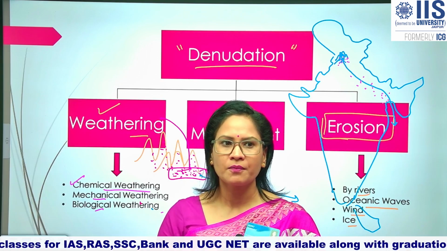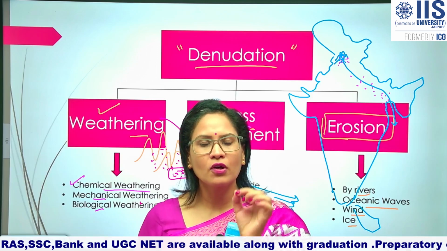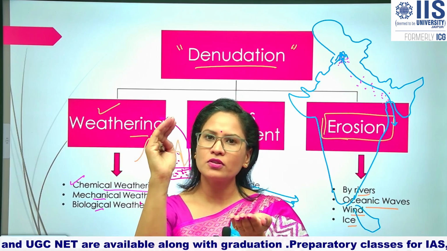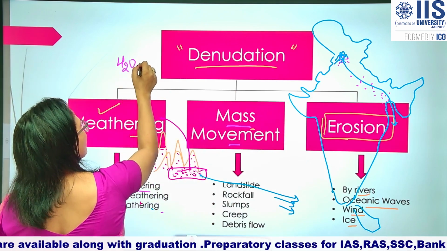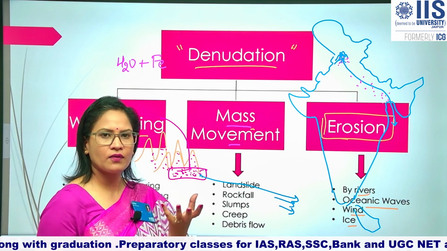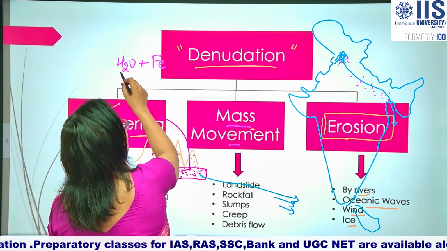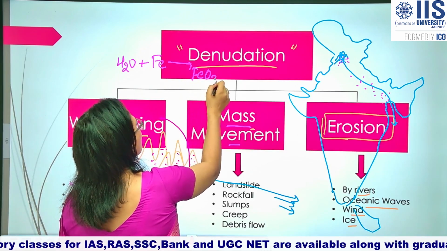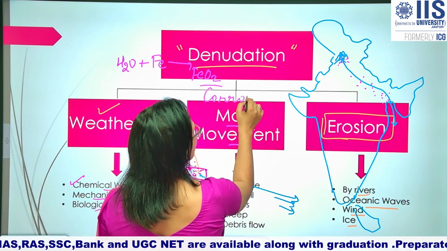What happens? There are iron rods in every house, right? Because of the moisture content, moisture means we are talking about H2O. H2O mixed with Fe, we have iron, and in the presence of moisture it reacts with the H2O and forms FeO2, ferrous oxides, and it is known as corrosion.